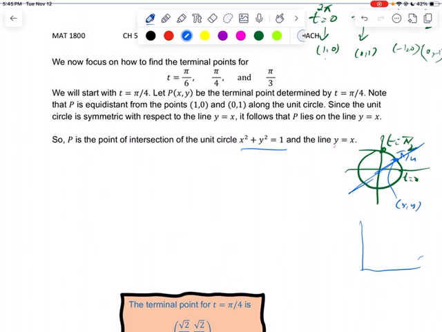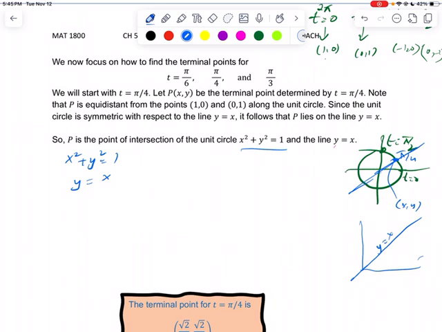So what line does that? The line y is equal to x. So the point lies on the line y is equal to x, as well as on the unit circle. So we have two equations, x squared plus y squared is equal to 1 and y is equal to x. We just do our substitution, get the value for one of the coordinates x or y, and then find the second coordinate.